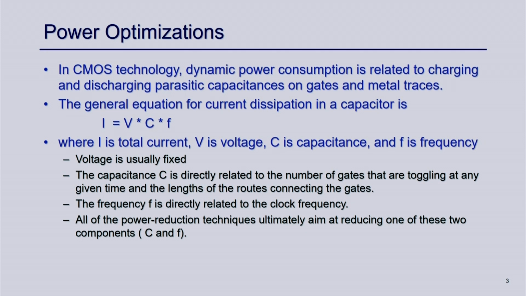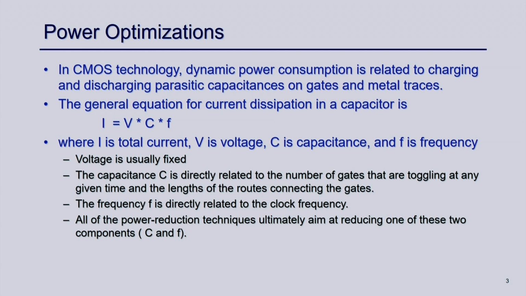If you look into the power consumption of a circuit, most digital designs are done using CMOS technology. The dynamic power consumption is related to the charging and discharging of parasitic capacitance of gates and metal traces.